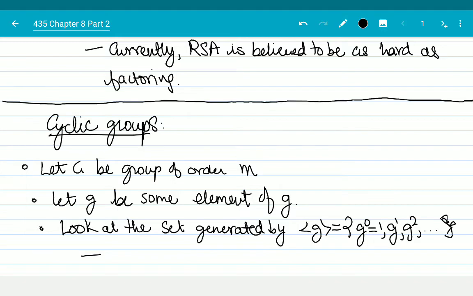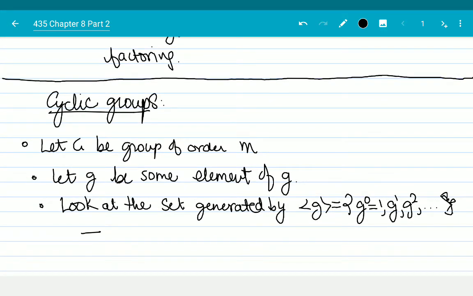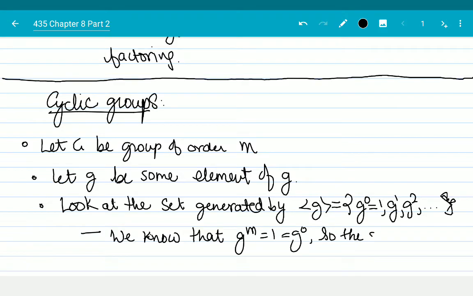Well, what do we know? We know that g to the m is equal to 1, which is equal to g to the 0. So the set has smaller than or equal to m elements, right?